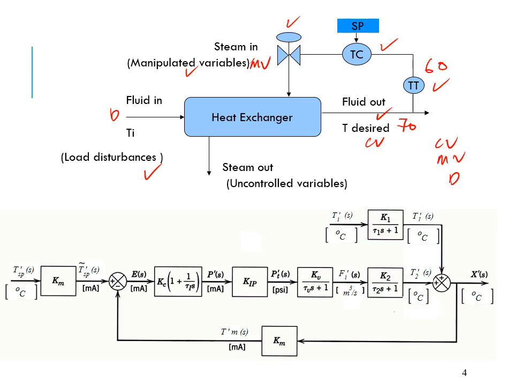The deviation is measured by the transmitter, and then the transmitter sends the signal to the controller to make a decision based on a mathematical equation, whether it is the first order, second order, or higher order of the reaction, translated by the transfer function, and transfers the corrective measure to the final control element, also known as the valve.